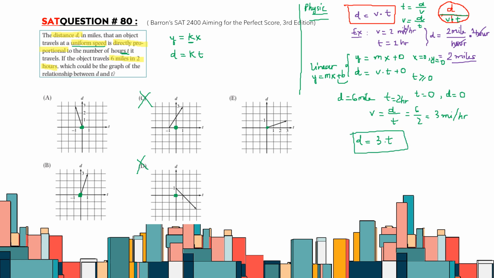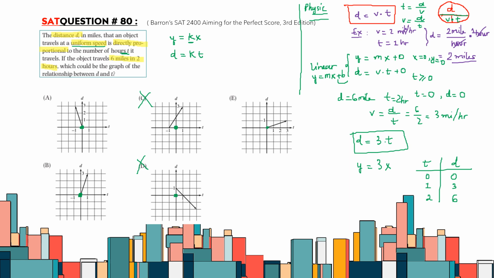And this one is the same thing as y equals 3x. Remember, it's similar. So we can make a chart here to find the point at 0. When t equals 0, we have d equals 0. T equals 1, you have d equals 3. T equals 2, d equals 6. So now we have to find 2 points.